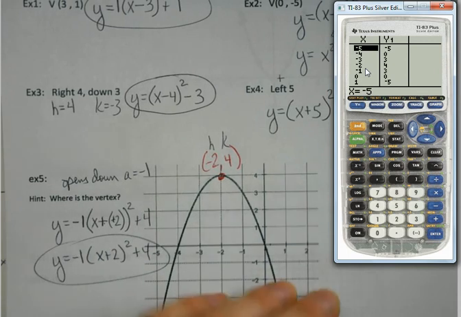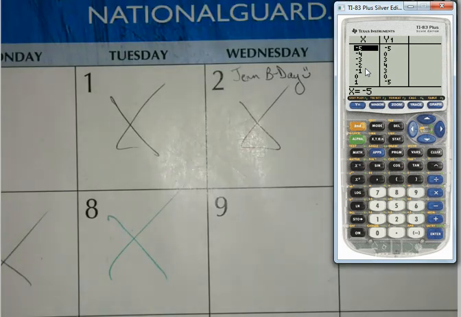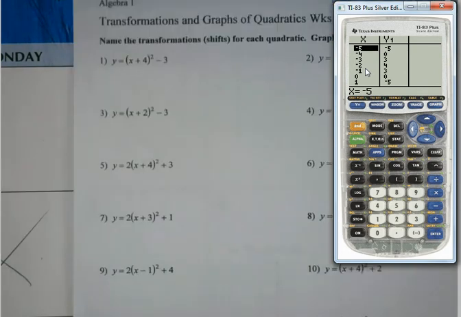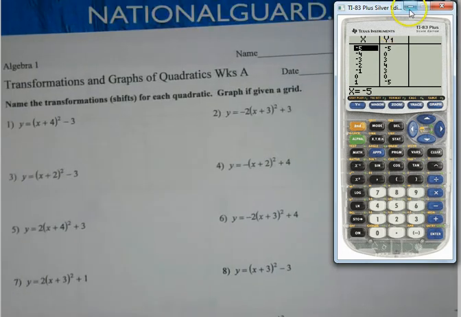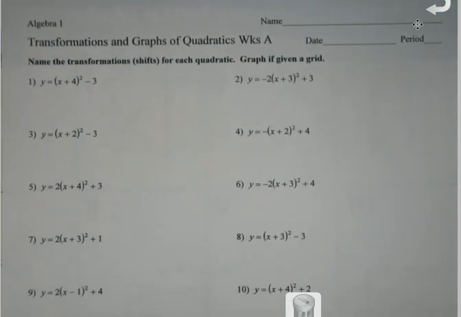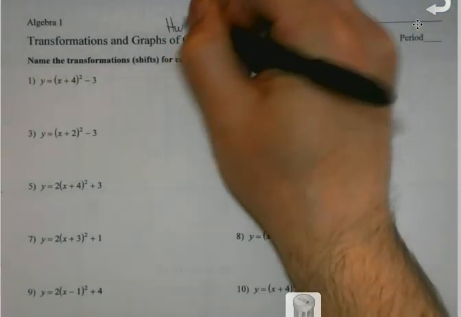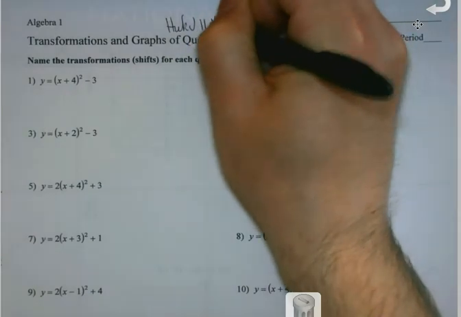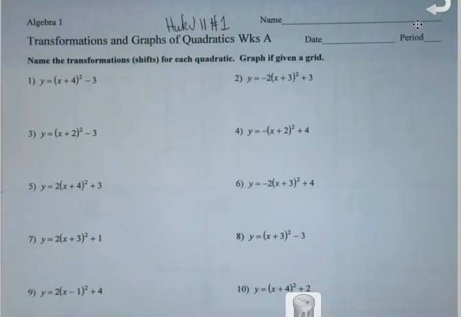So here's your job that goes along with it. Let me grab one of these sheets here real quick. This is getting us ready for the next homework check, which I believe, let me check myself, we're at homework check 11, number 1. For 1 through 10, all you're going to do is say if the shift is left, right, up, down, whatever it happens to be.